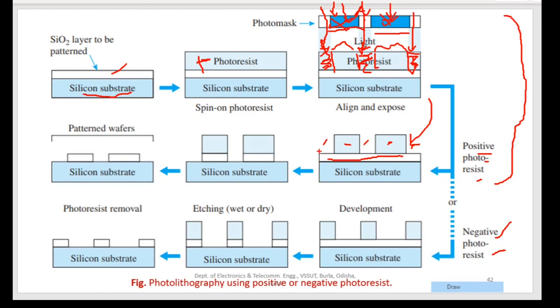So this area of SiO2 which is exposed again, and this area of SiO2 layer which is exposed again, they can be etched out with the help of some chemical solvent. And when you perform the etching, we will be left with this area and this area, right? So it will look like this.